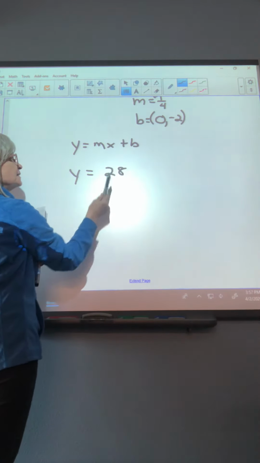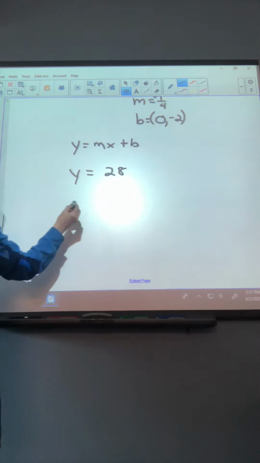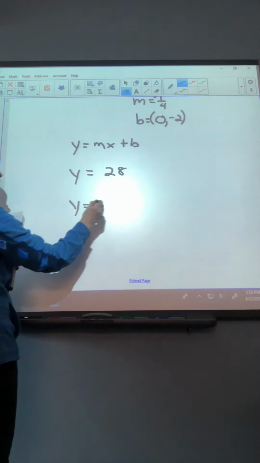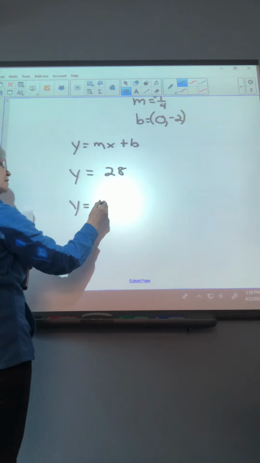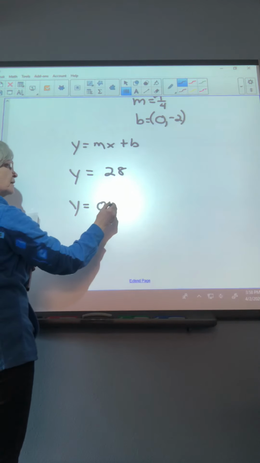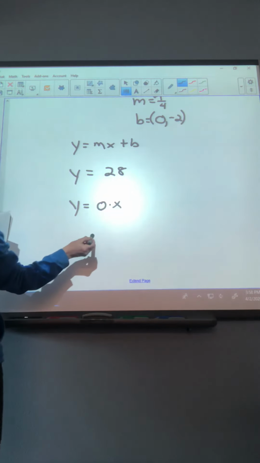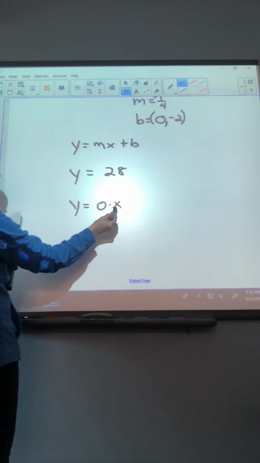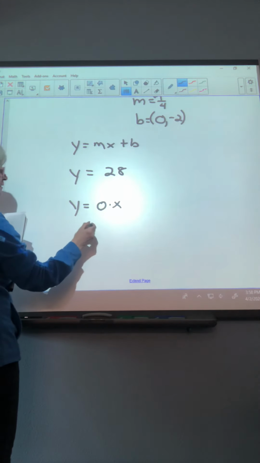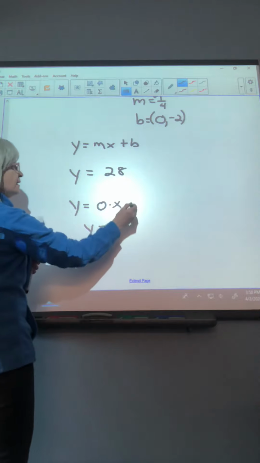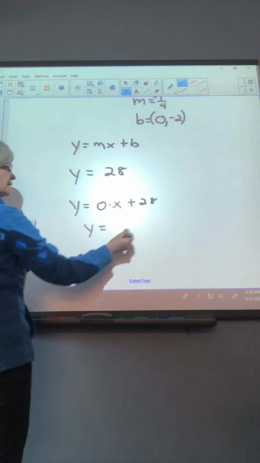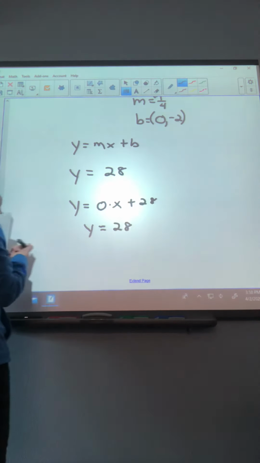It's a constant. And so when this is written like this, it's telling you that slope must have been 0. So if slope was 0, and then it was multiplied by the x, you'd get 0 times x, which would be 0. And then that 28 would have to be the y-intercept.